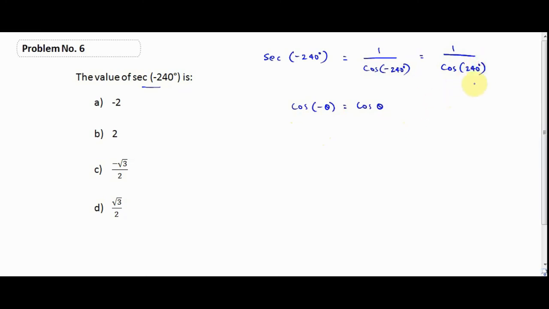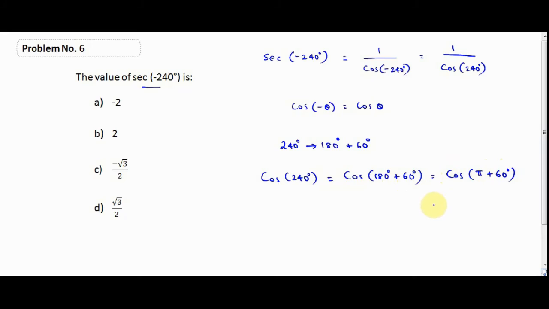Now this 240 degree we may write as 180 degree plus 60 degree. So cos 240 degree is cos of 180 degree plus 60 degree, and that is equal to cos of pi plus 60 degree.